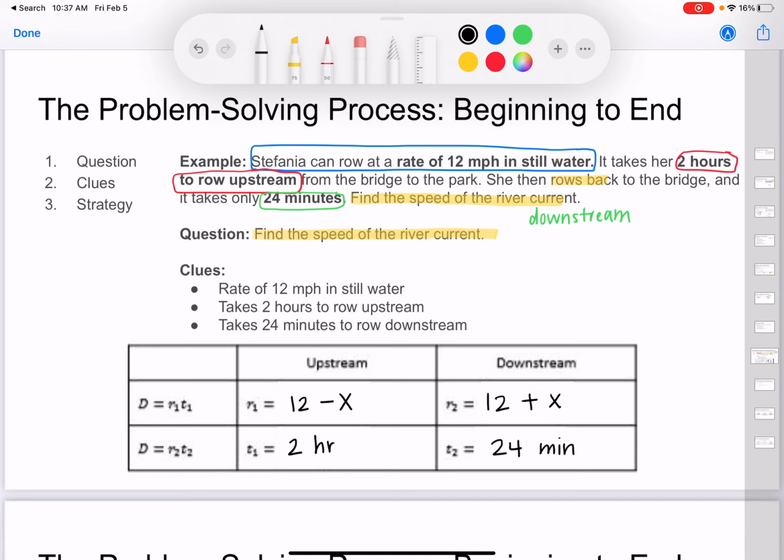We know that in 1 hour we have 60 minutes. So 24 minutes of an hour is equal to 2/5 of an hour. So we'll replace this with 2/5 of an hour.